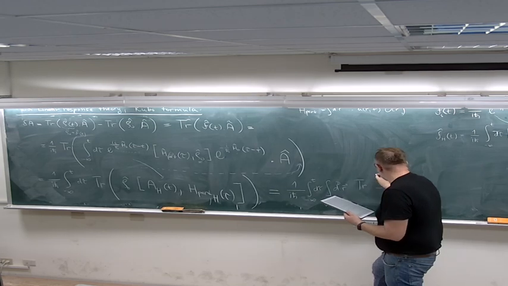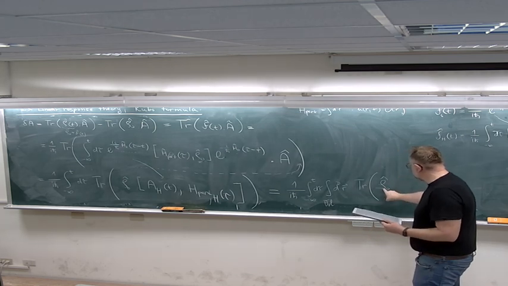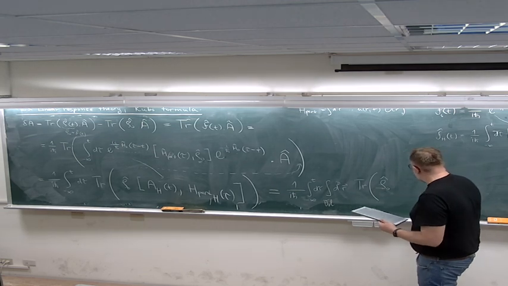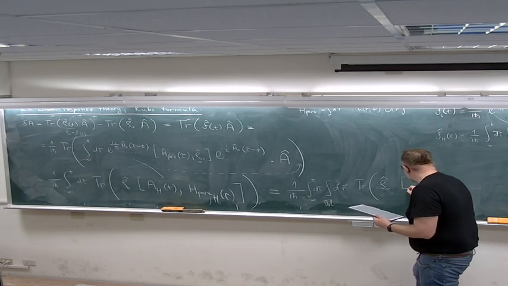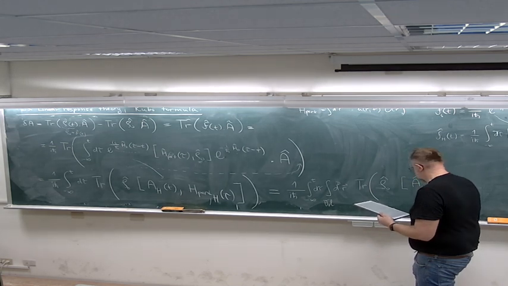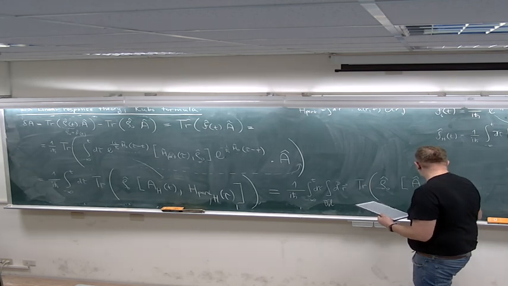And this is the original density matrix of the unperturbed system. So all the information about the original Hamiltonian H0 is given in this density matrix. And now I have the commutator of the operator A at time t. Okay, it can be position or something like that, but it's at time t.